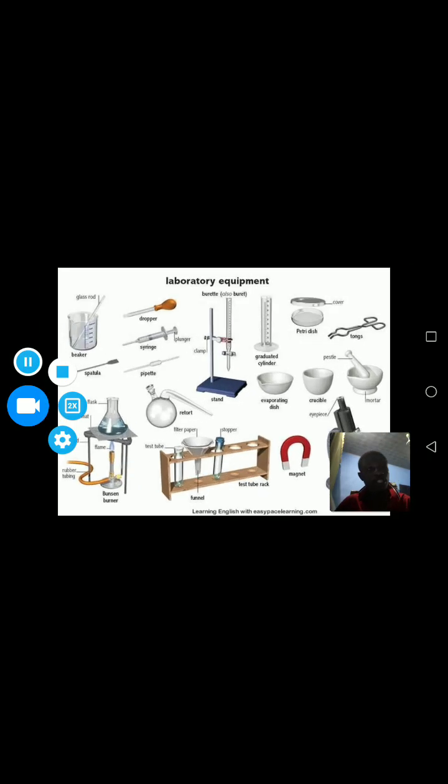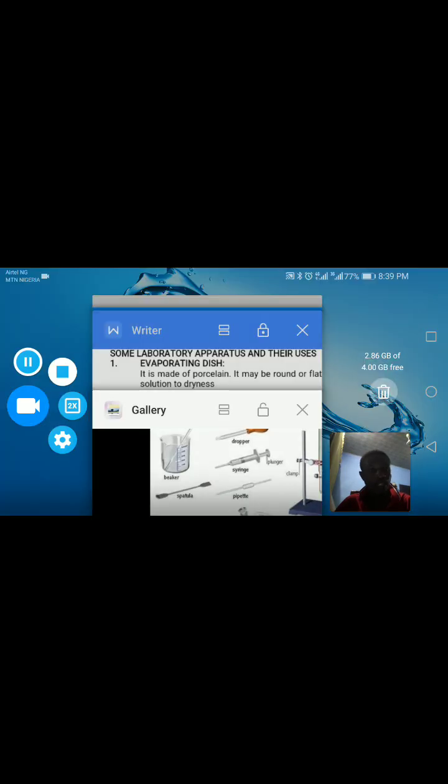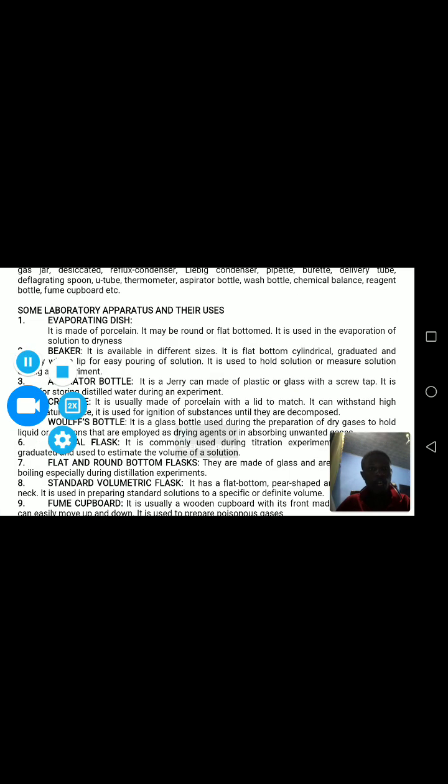Evaporating dish is made up of porcelain. It may be round or flat bottomed. It is used in evaporation of solution to dryness.